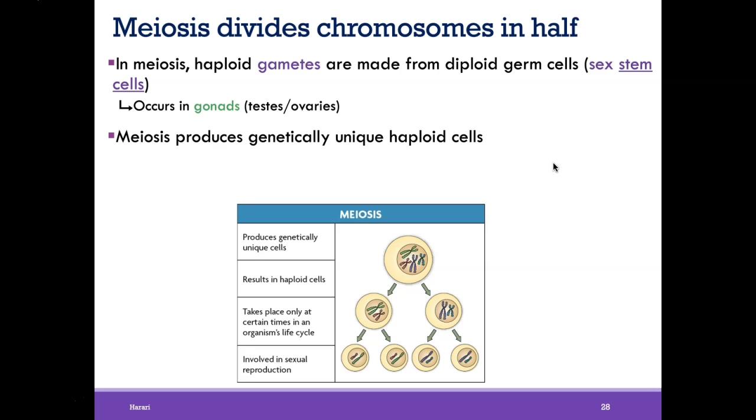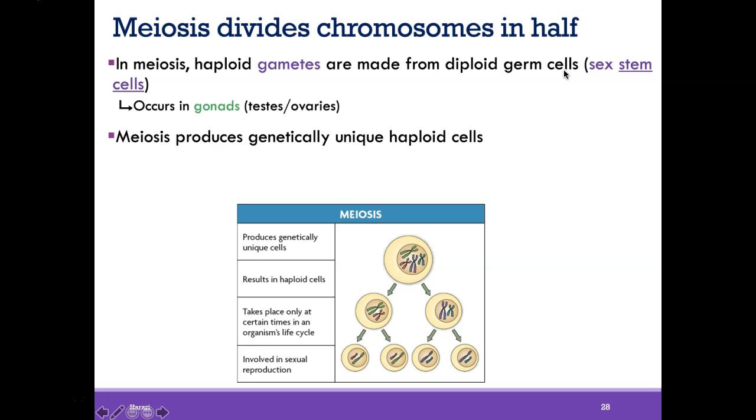And we're getting genetically unique haploid cells, so we're not making identical copies like in mitosis. We're mixing and matching genes in meiosis. Only certain cells found in the gonads do meiosis. These are special germ cells that are destined to become sperm and egg.